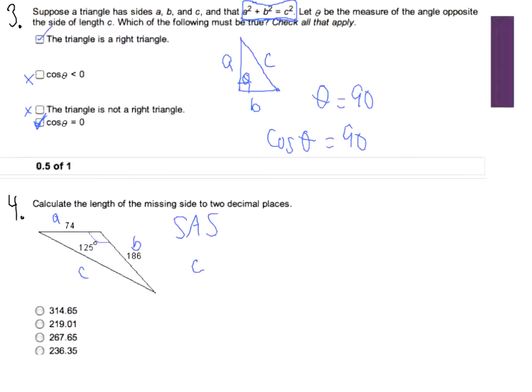So this time, since I'm solving for C, my missing side here, I'm going to use the formula in the other format. I'm going to use it where it says C squared equals A squared plus B squared minus 2AB cosine C. So let me give you just a minute to try and plug in your numbers on this one.